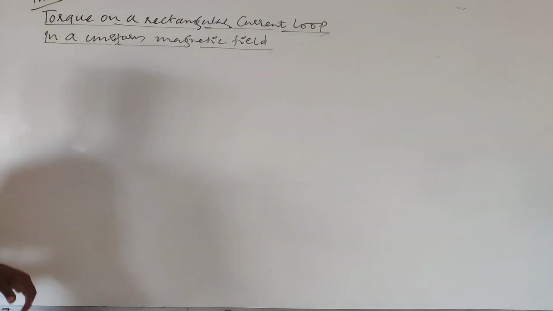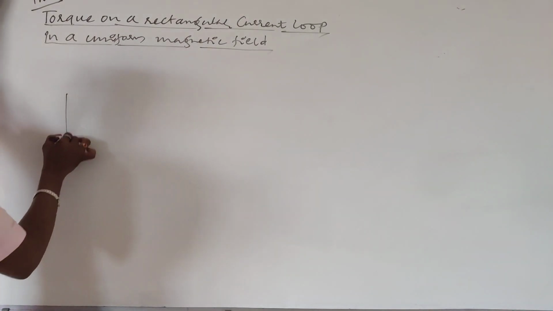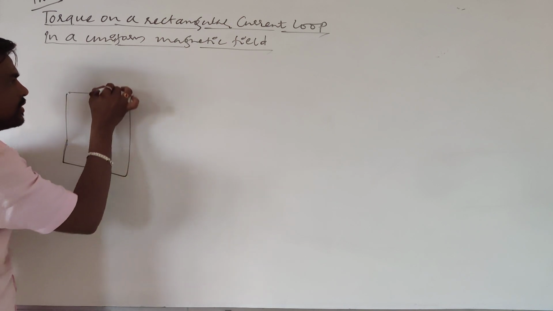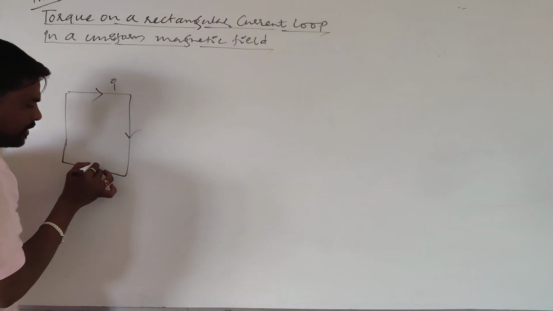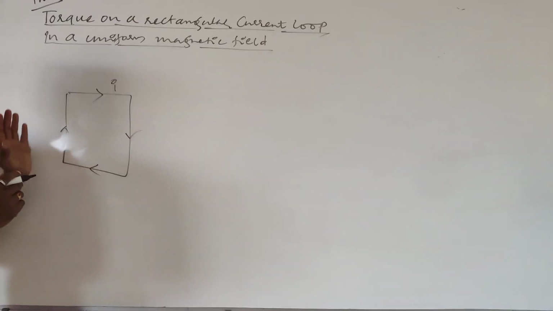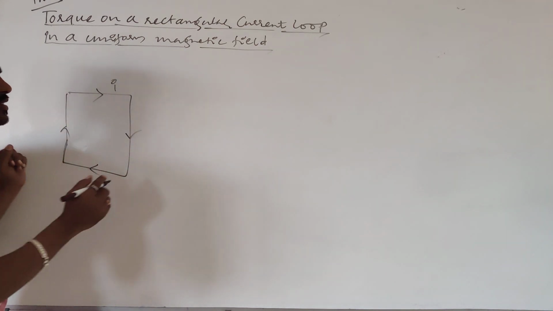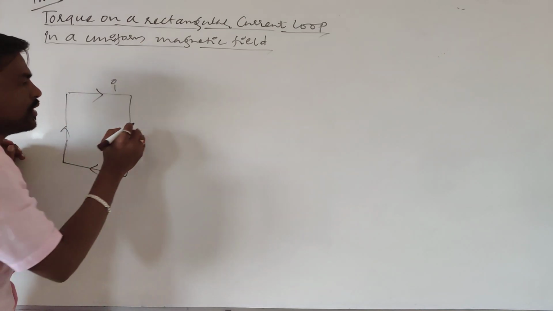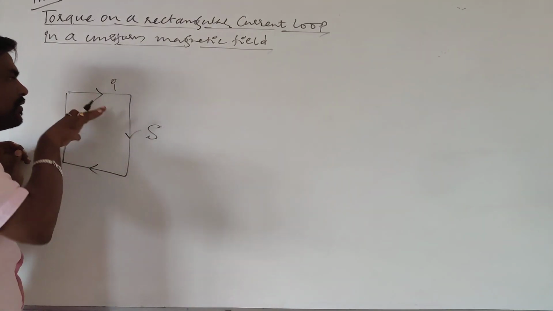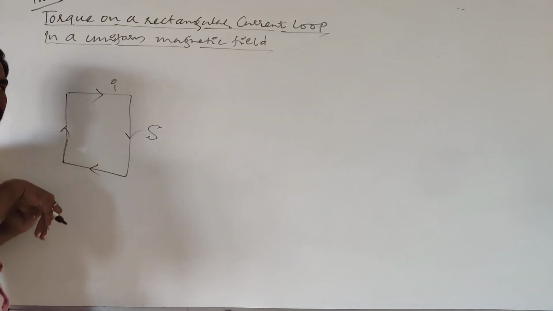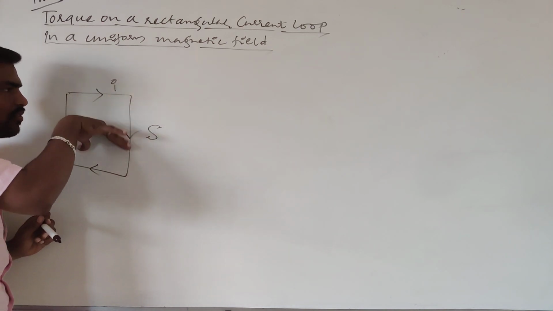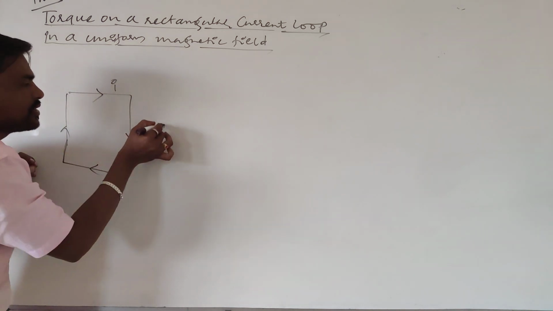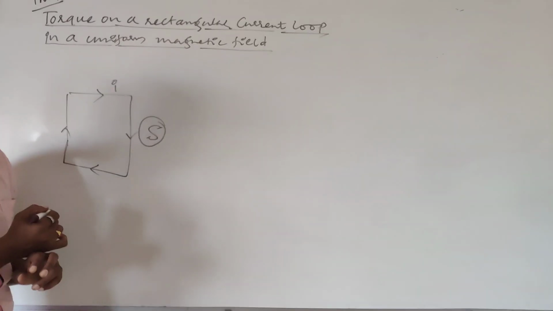Right. See here, if I consider the current in this direction, this becomes the magnetic direction also. If the current is in the clockwise direction, this becomes the south pole.